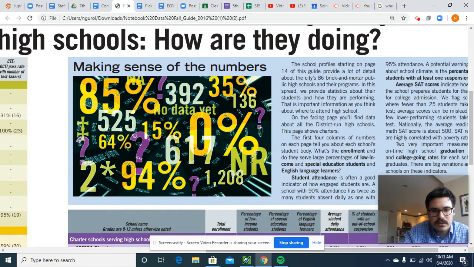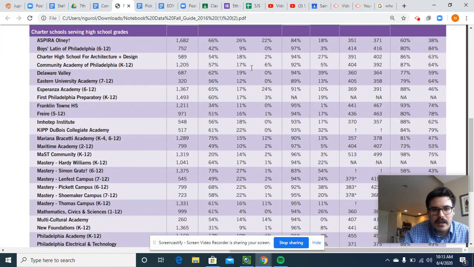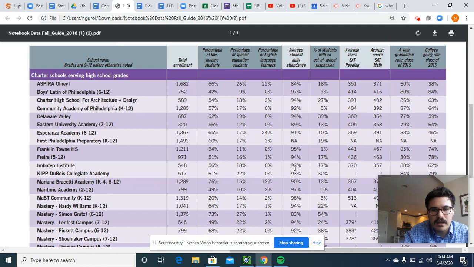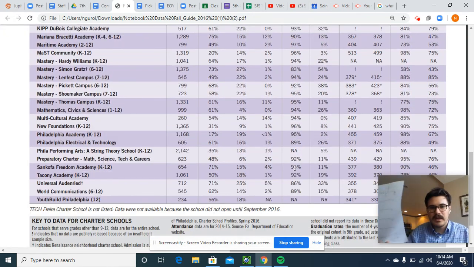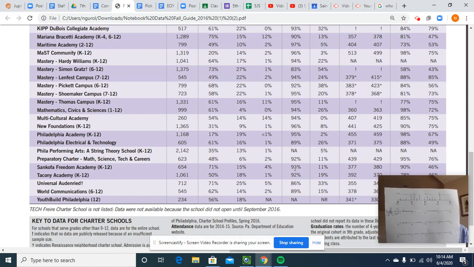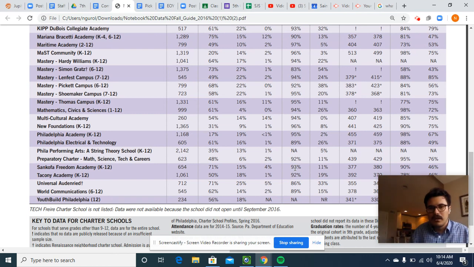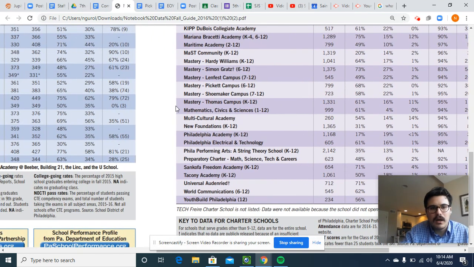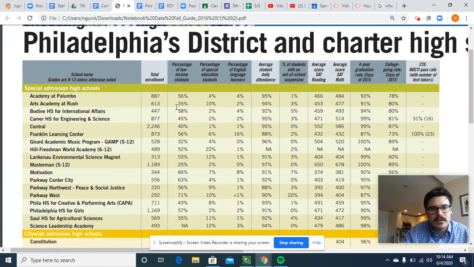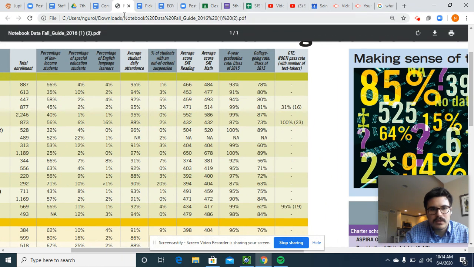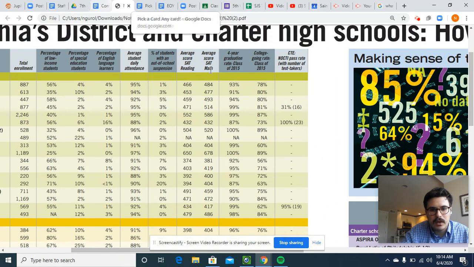Charter high schools, right here, you're using this data. So again, use your box plots, adjust the numbers on the bottom if you need to, and then we will come back and I will go over the numbers that you come up with and we will start to make some conclusions. Okay? Good luck.